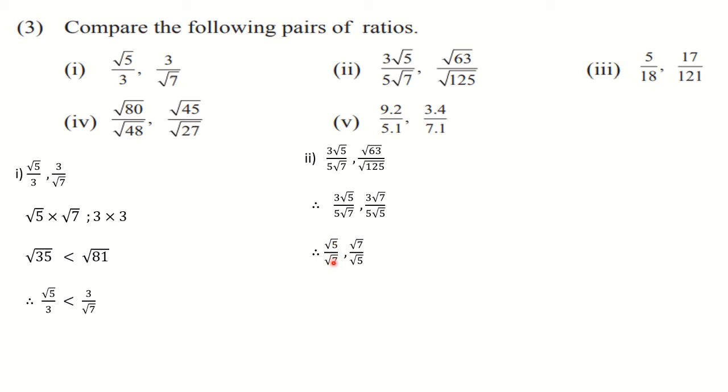Because 5 upon 7 is less than 7 upon 5. Even if you don't go for cross multiplication, you can write the direct answer because the comparison is possible. And therefore we can say that the first ratio is less than the second ratio. In this way you are going to do the comparison. Let us go further.